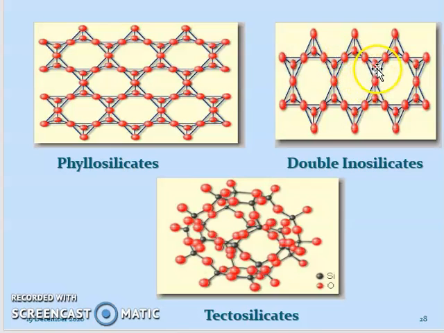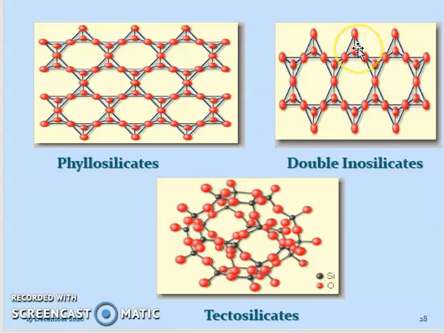So here should be Si2 and oxygen shared half and half and half, 3 halves, equal 1.5. Count here 1, 2, 3, 4. 4 plus 1.5, you get 5.5.